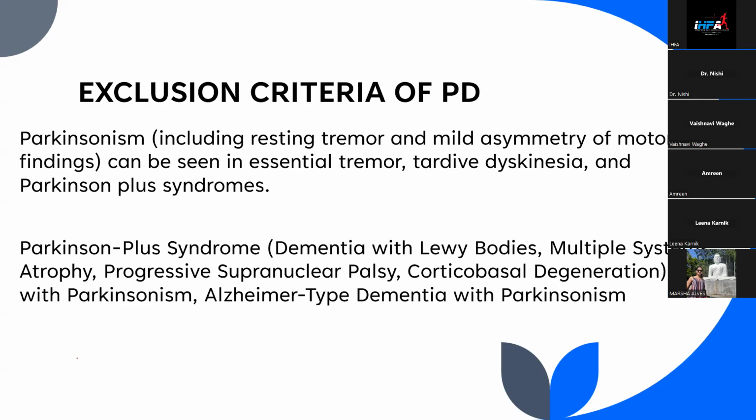Parkinson's plus syndromes include dementia with Lewy body, multiple system atrophy, progressive supranuclear palsy, which I was talking about, and cortical basal degeneration. All the symptoms will be very similar to Parkinson's, so make sure that you don't get confused, and also the line of management will be very different in every type.